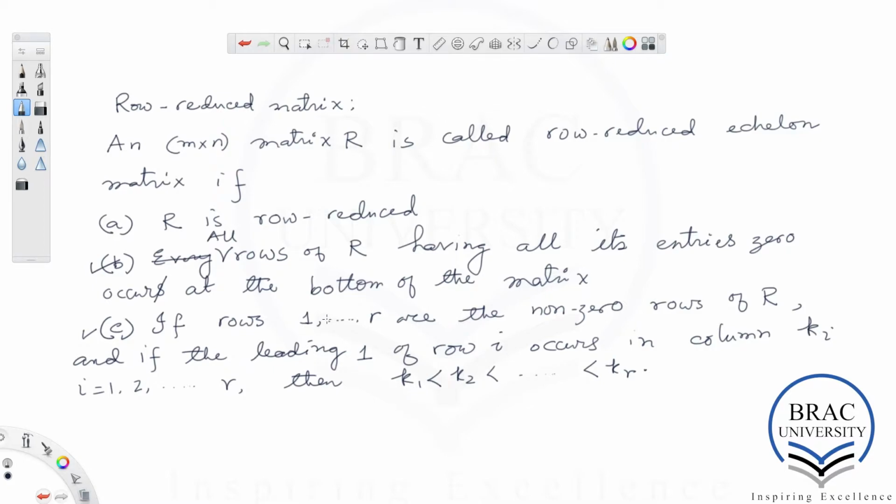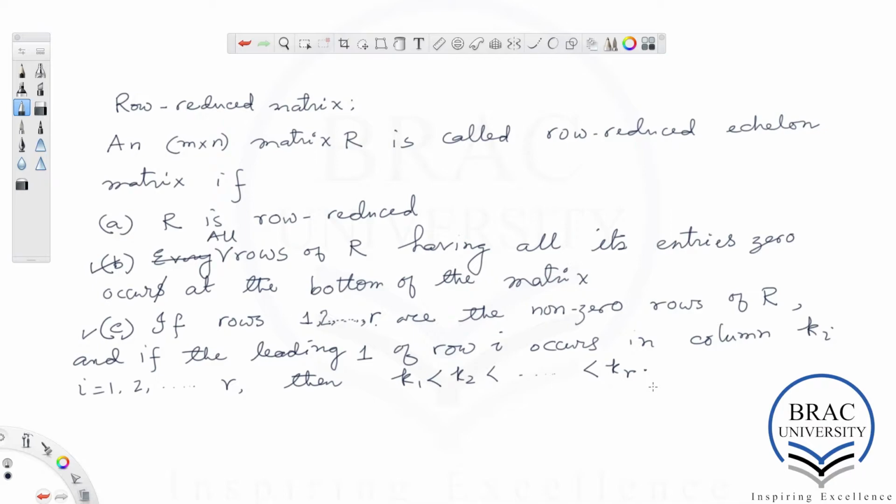Similarly, the leading one of the second row occurs at the k2 column, and the leading one of the rth row occurs at the k_r column. If this is the case, then k1 has to be less than k2, k2 less than k3, and so on all the way up to k_r. So this is the third requirement.